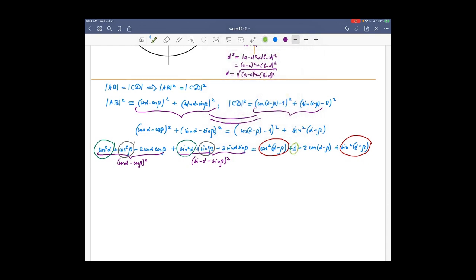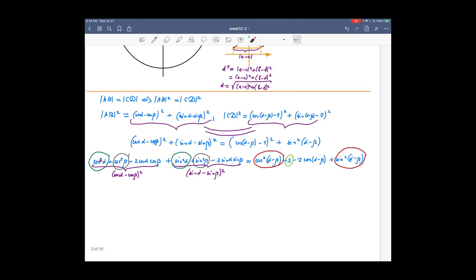So everything circled cancels. Because again, cosine squared and sine squared of alpha add up to 1, cancel with this one. And now cosine squared beta and sine squared beta add up to 1, and so do cosine squared and sine squared of alpha minus beta.